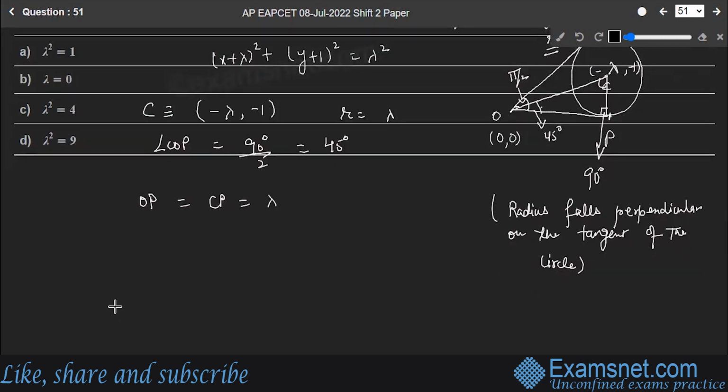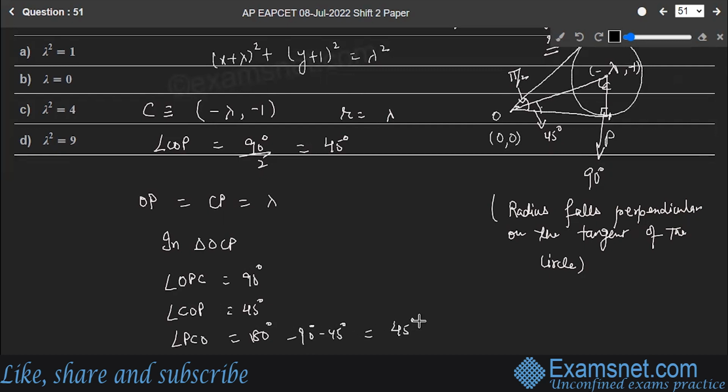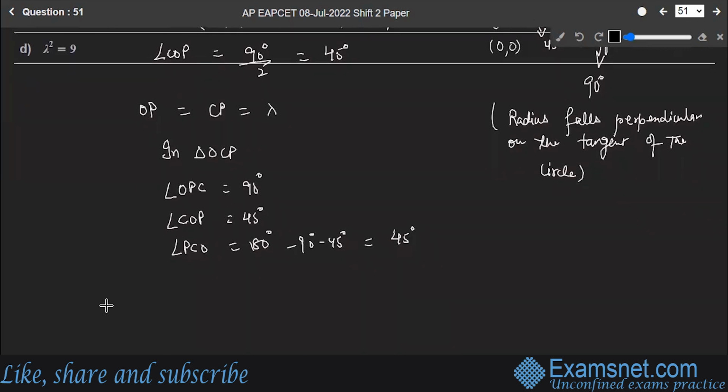Let's write it down here. In triangle OCP, angle OPC is equal to 90 degree, angle COP is equal to 45 degree. Therefore, angle PCO is equal to 180 minus 90 minus 45, that is equal to 45 degree. So now triangle OCP is an isosceles right angled triangle.